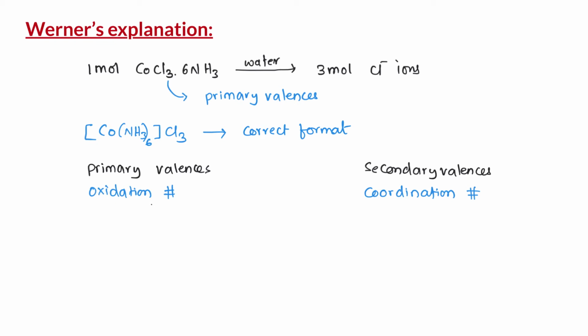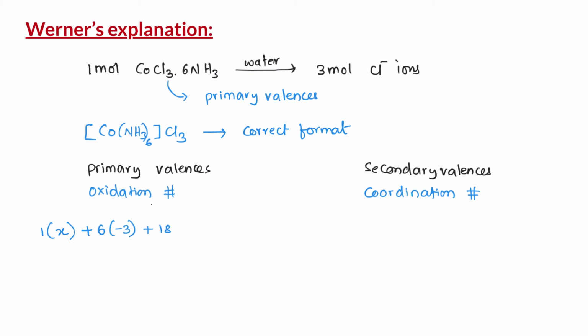We have 1 cobalt, and let's assume that its oxidation number is X, plus we have 6 nitrogens, and when nitrogen is with non-metals, its oxidation number is -3, plus we have 18 hydrogens.